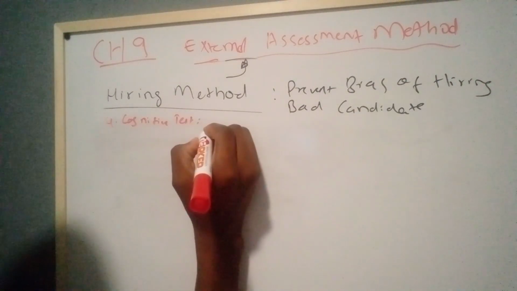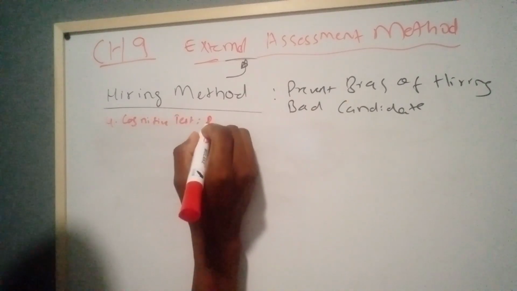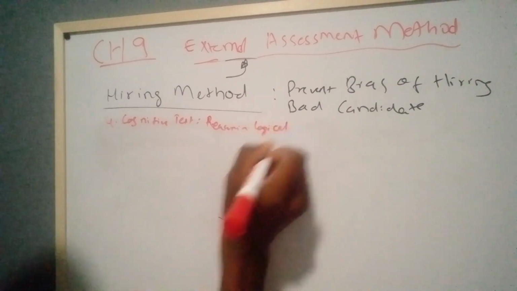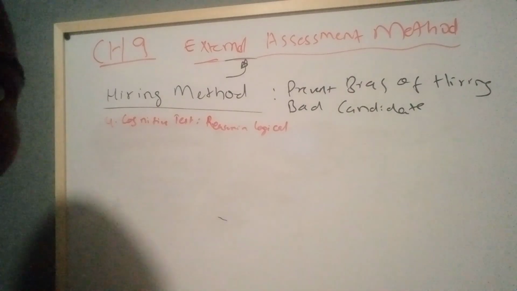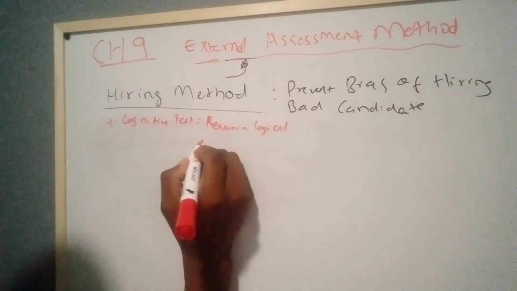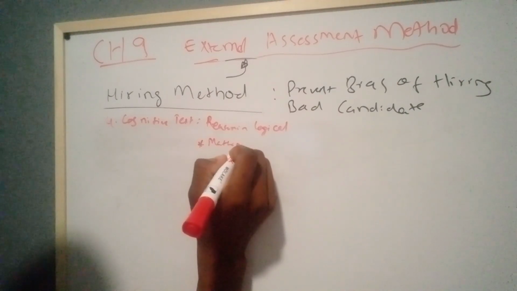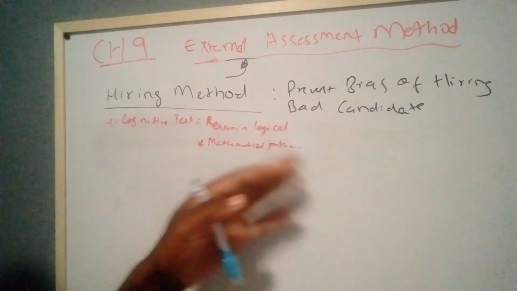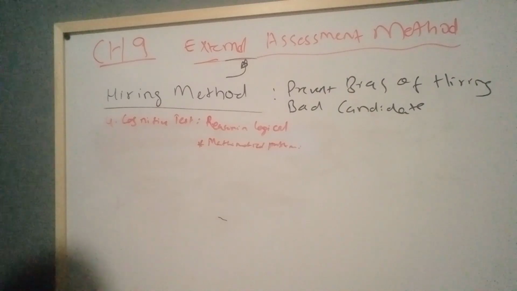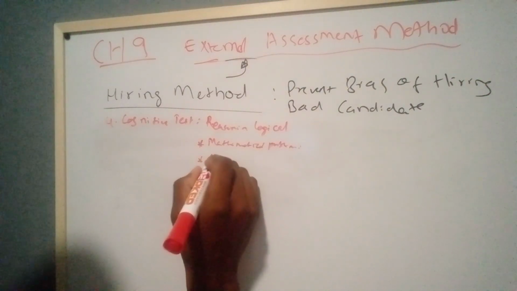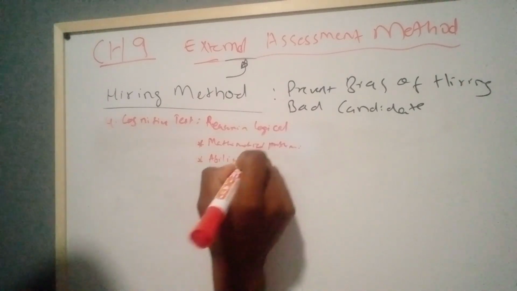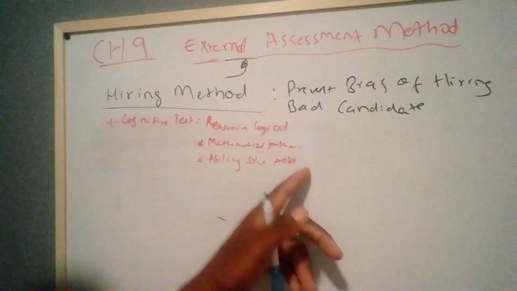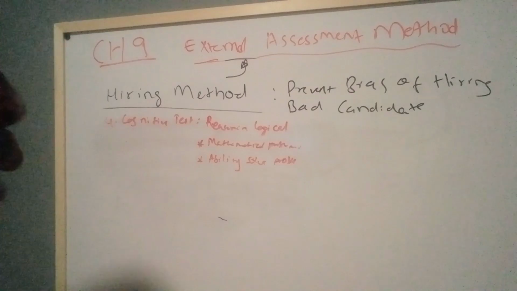They ask in order to assess their logical reasoning, how much the candidate understands, and they are assessing mathematical problem solving, and then the mental ability to solve problems in the organization, not just small problems, but complex problems in the organization.